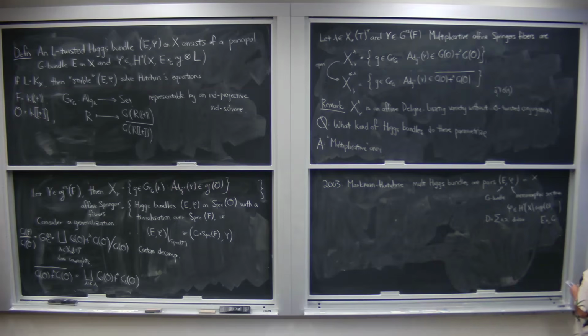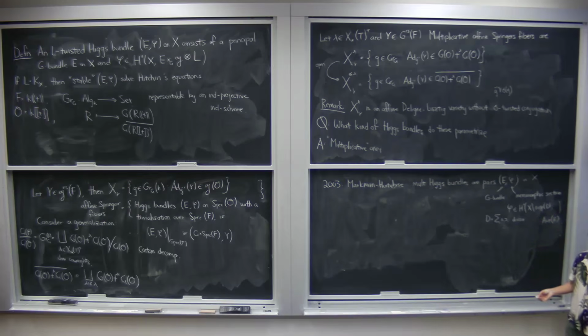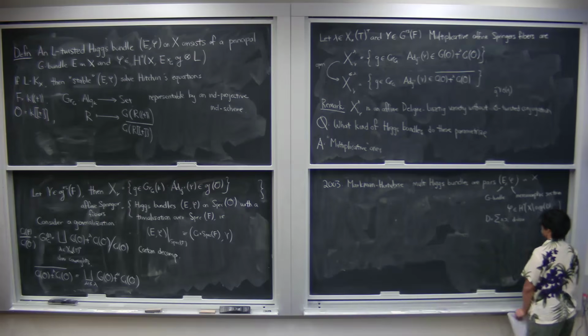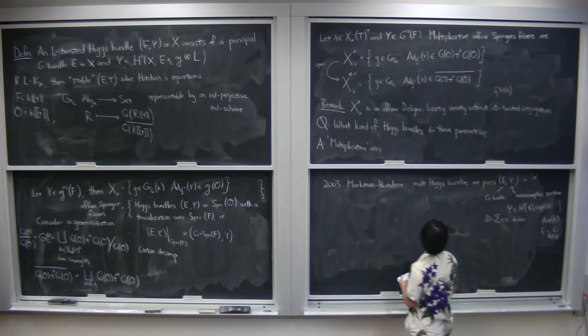They call it the adjoint bundle. It really should be like all of E. They should improve their notation like this or something.